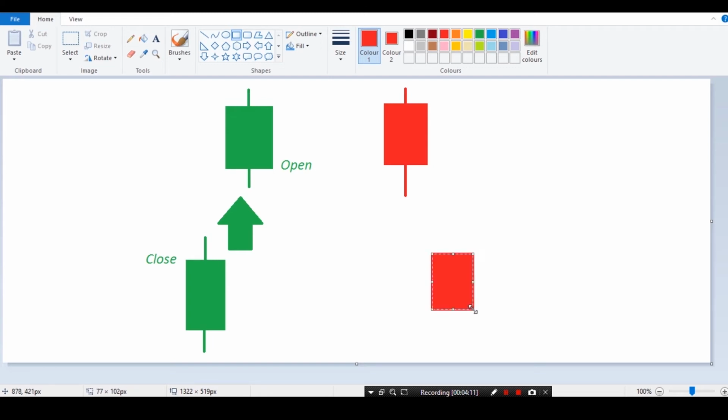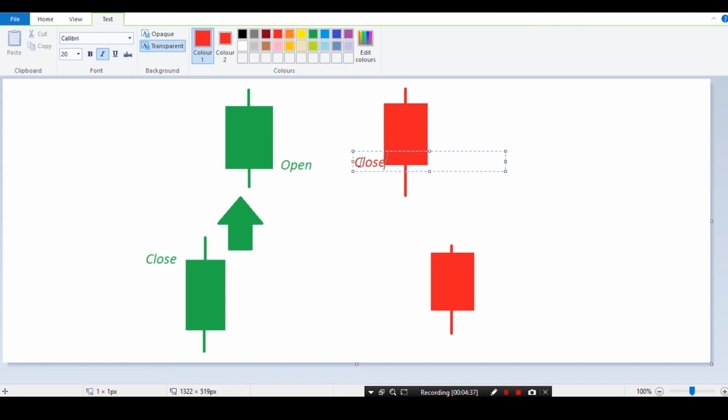Again, we look at the close of the previous candlestick before the gap and the open of the candlestick after the gap. So here's our previous candlestick. Our close is down here. And our open is up here. So in this case, our open is below our close. So we have gapped down.